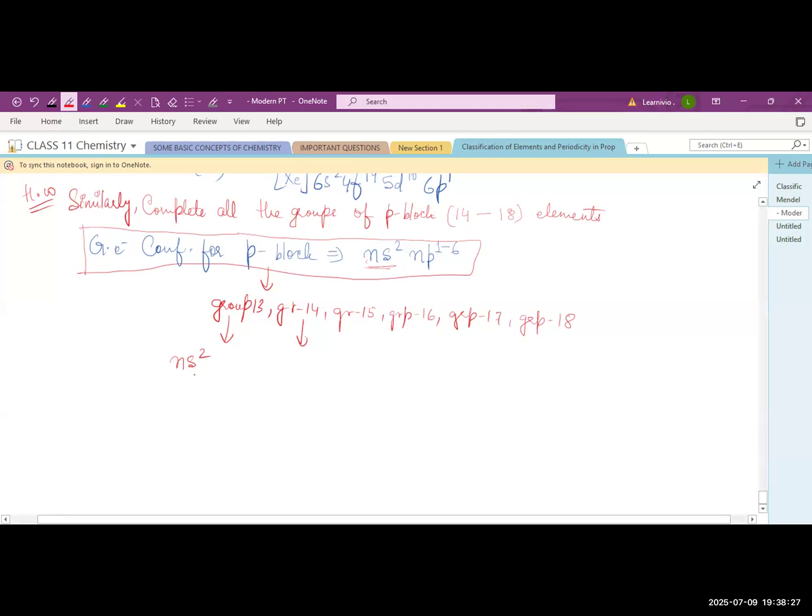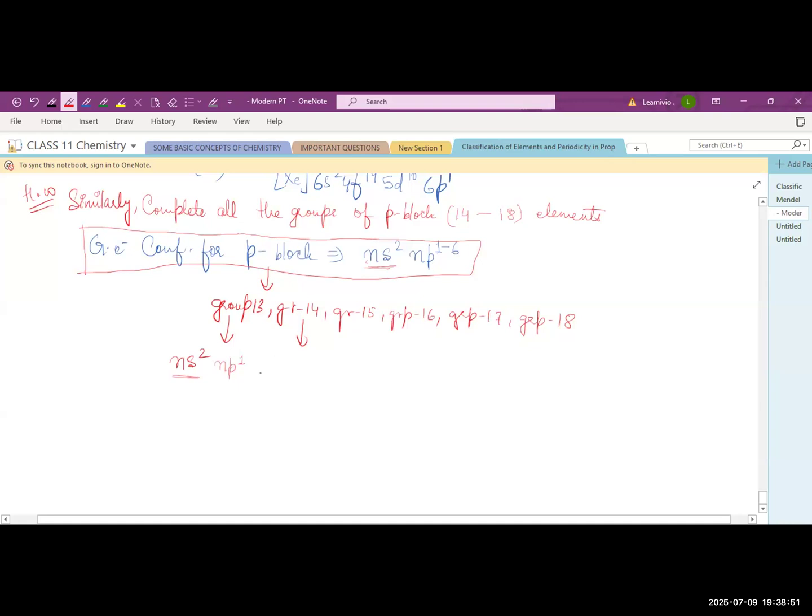So ns2 is fixed. This configuration is fixed. n can be your period number or you can say principal quantum number 1, 2, 3 and so on. जैसे जैसे period change होगी तो n की value भी change होगी. And for np1 to 6: for group number 13, it will be ns2 np1.